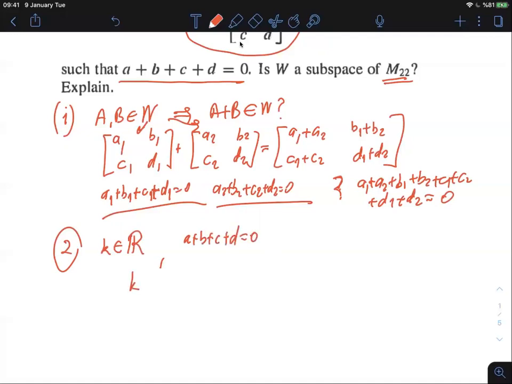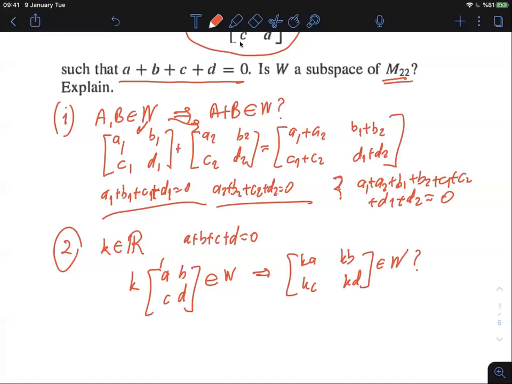So the question is, is this product also in W? So what does this mean? This means Ka, Kb, Kc, Kd. So is this in W? That's the question. So this lies in W means what?